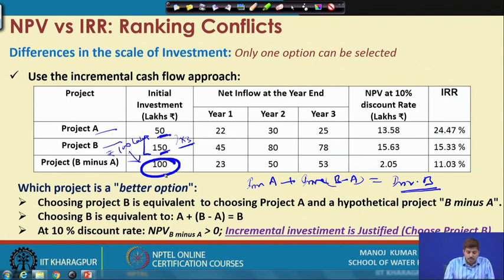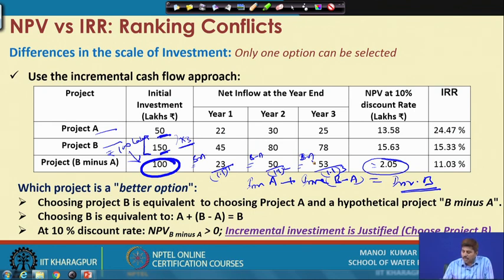So, that 100 lakh rupees additional investment being made is giving me this return. This is nothing but a subtraction of B minus A, similarly B minus A and similarly B minus A. Now these are my returns, and if I discount these by, let us say, a 10% discount rate, that is 1.1 to the power 1, then 1.1 to the power 2 and 1.1 to the power 3, that is what I am getting.